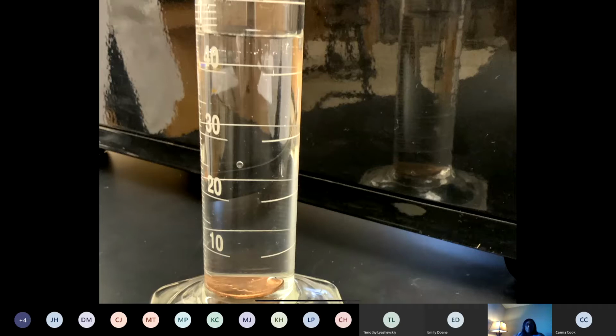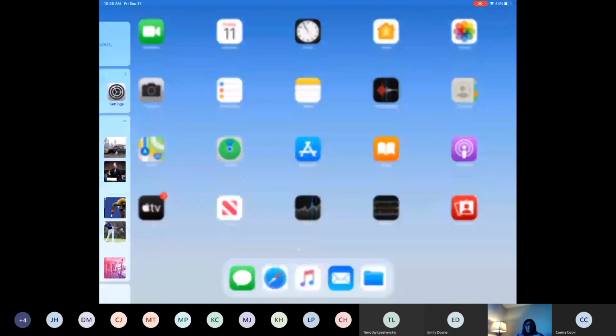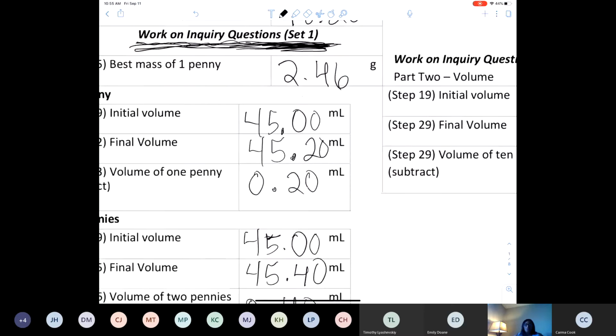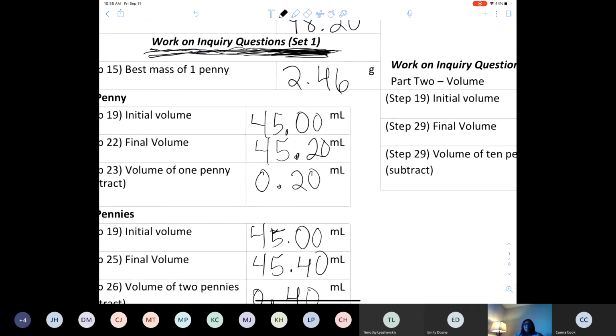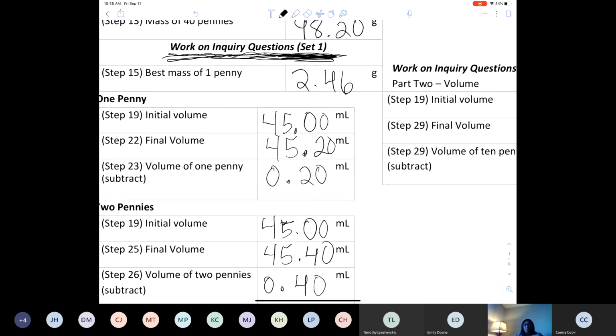Is there anyone that disagrees or anyone that came up with a different number? So after adding 1 penny, we have a final volume of 45.2, and I added an extra decimal, an extra 0 at the end. You can do the same.